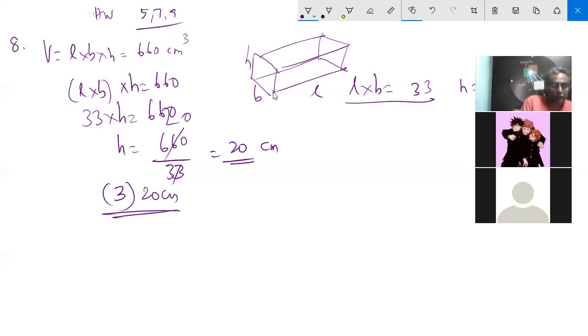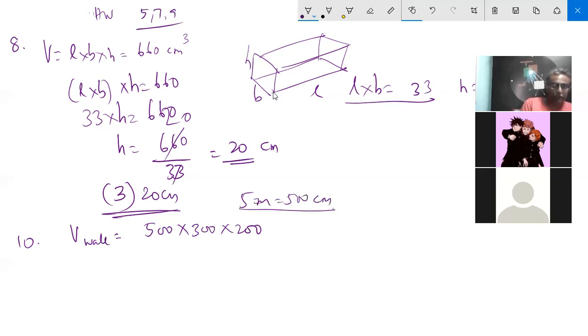Okay, that is 8. Now let us do the 10th sum. The number of bricks, each measuring 50, 30, 20, that will be required to build a wall. Now we already saw that, no? Volume of wall is equal to 500 into 300 into 200. Why? Because 5 meter is equal to 500 centimeter. Like that, everything. Volume of brick is equal to 50 into 30 into 20.